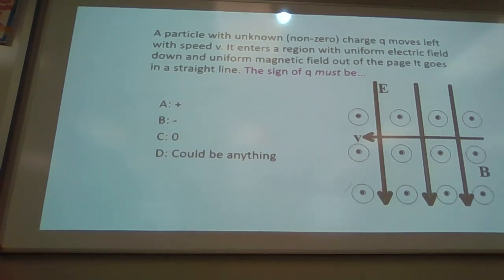Oh, actually, shoot. Correct answer is D. If you do it for negative, it still works out. How do you do it with the electric field? The force from the electric field, if it's positive, is the same direction as the electric field. If it's negatively charged, it goes in the opposite direction as the electric field. Oh, because it depends on the charge of the particle. If you're given the charge of the particle, then it has to be one of them. But since you don't know what it is, then it can't. Yeah.